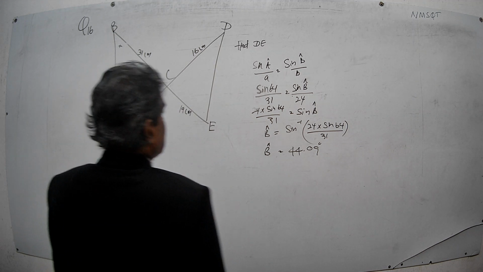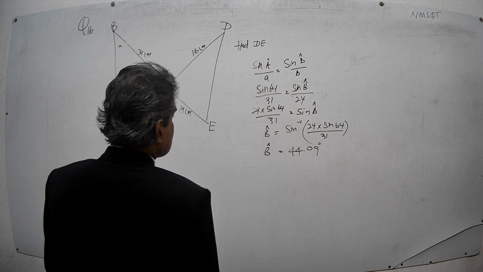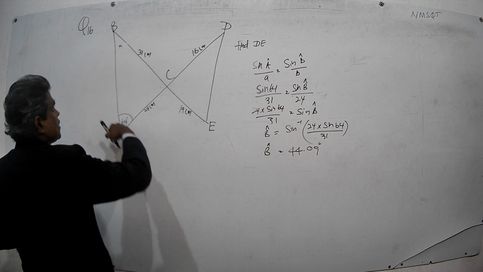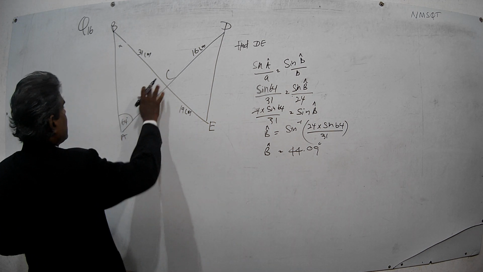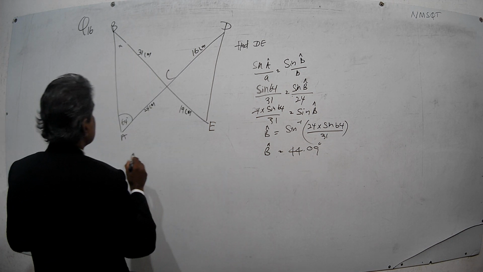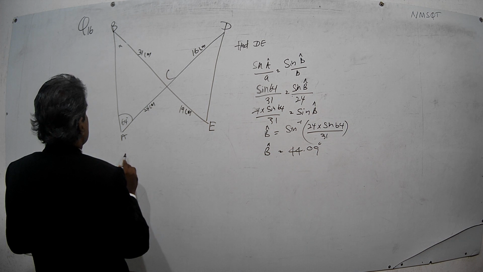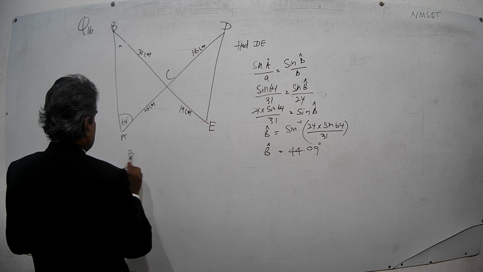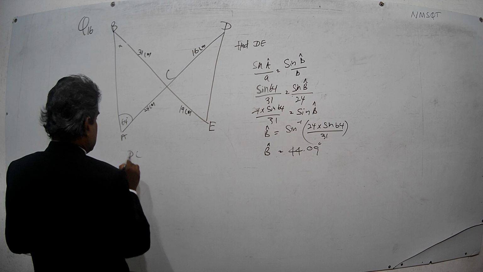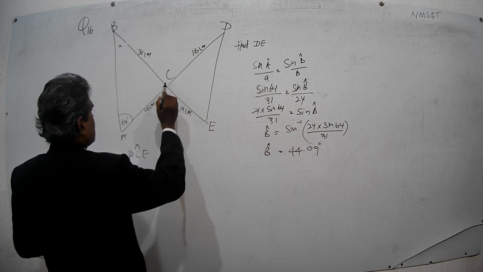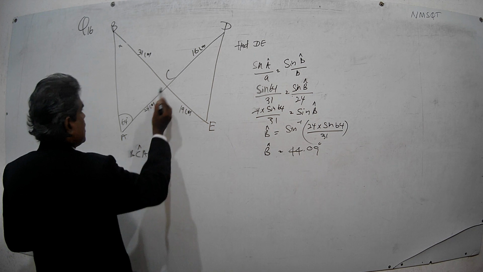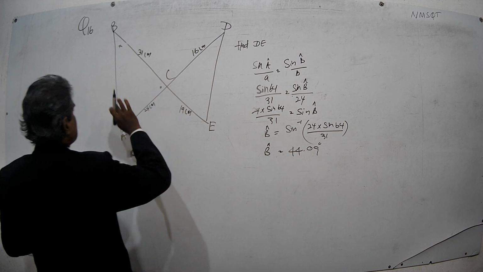That is that. Then this angle is found, 44.09, that is angle ABC. Now we want to find this one, angle BCA, this angle, which equals 180 minus this and this.